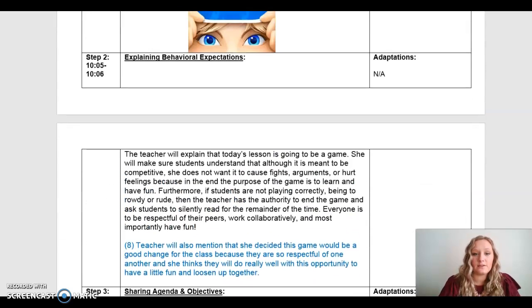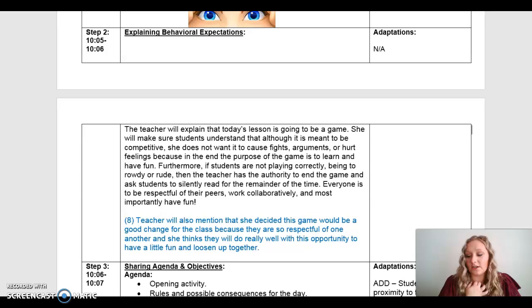Moving down, so behavioral expectations. In here I did hit number 8, establishes rapport and respect to and among students. This is sprinkled in throughout the entire lesson, as it should be when you're teaching. You should always be establishing that respect between one another and having that rapport between each other.